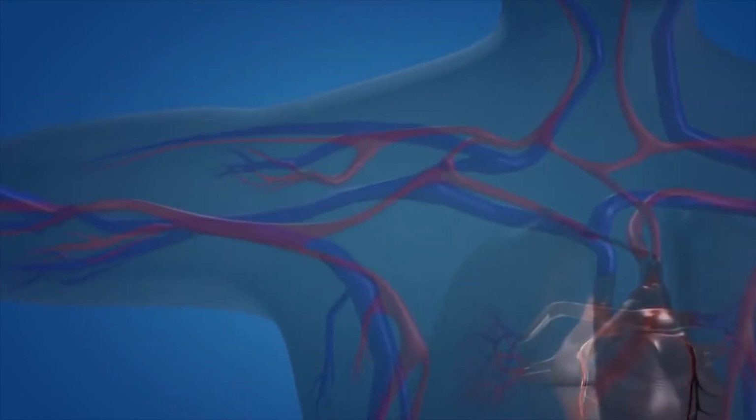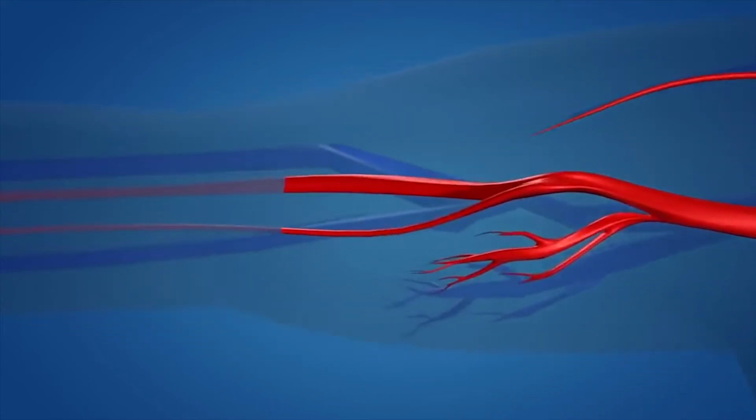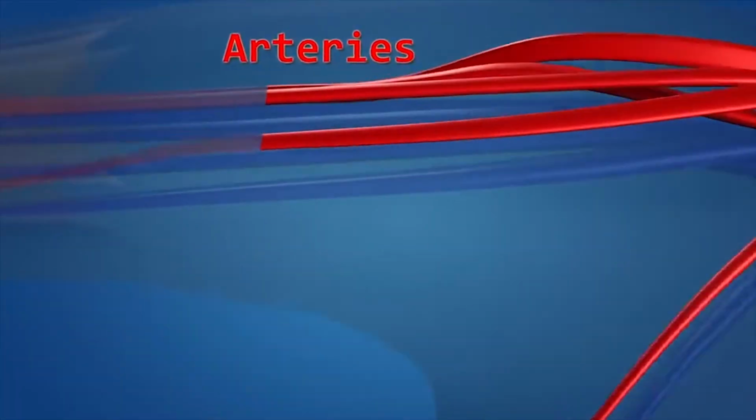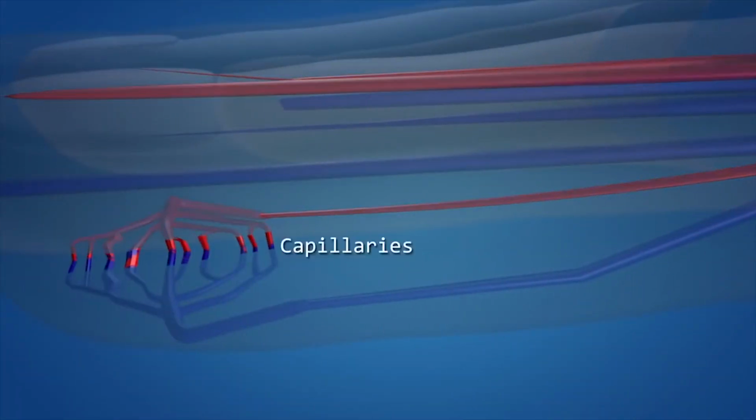Aorta carries oxygenated blood to the whole body organs, divided into arteries and arterioles, then the blood capillaries, inside which exchange of gases occurs.